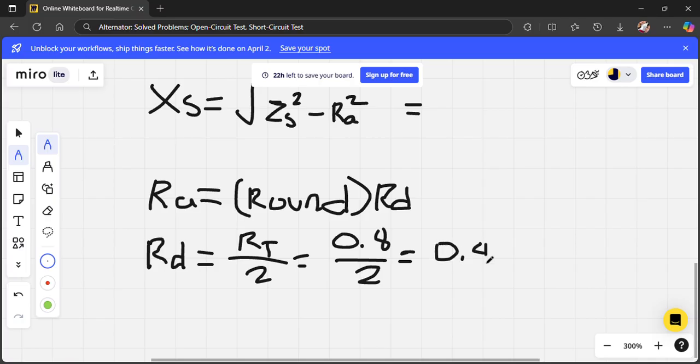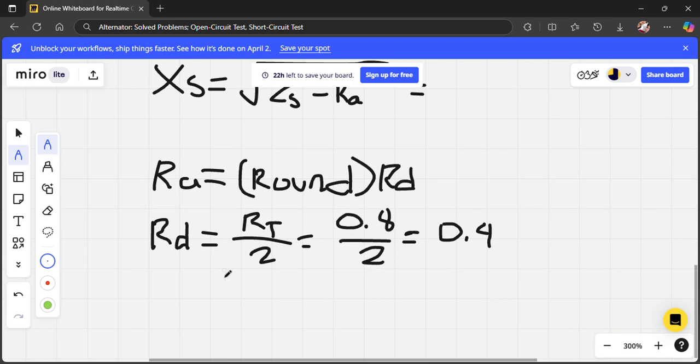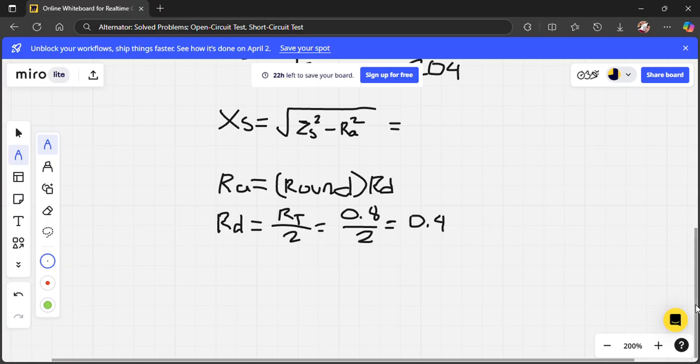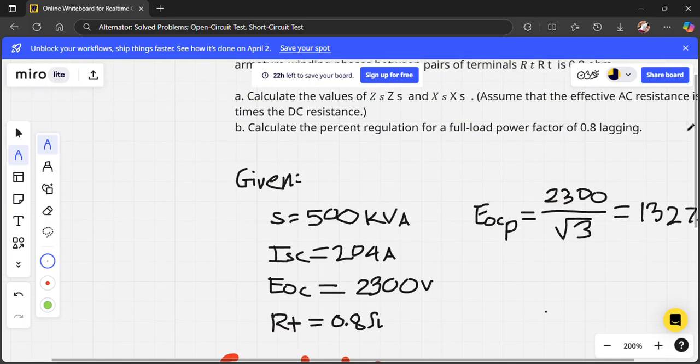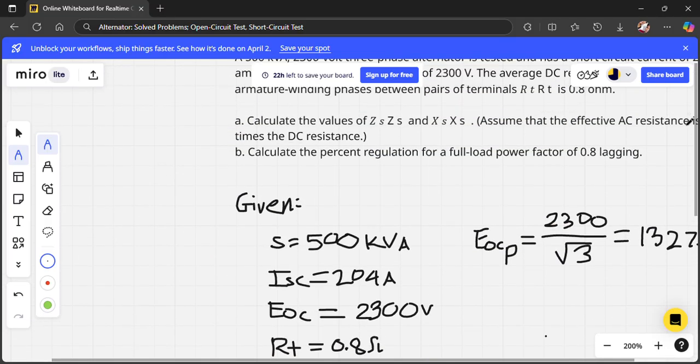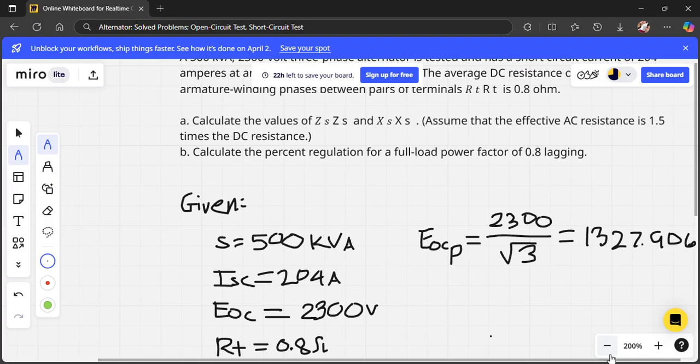Yes, it's 0.4. And since we have RD, we have the multiplier in our given: 1.5 times the DC resistance.